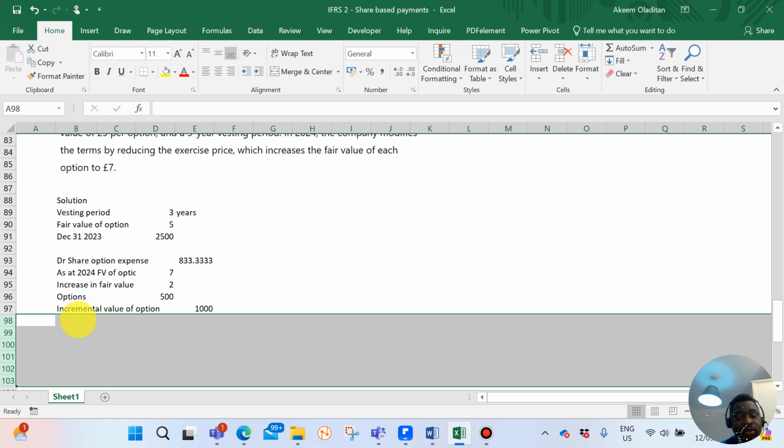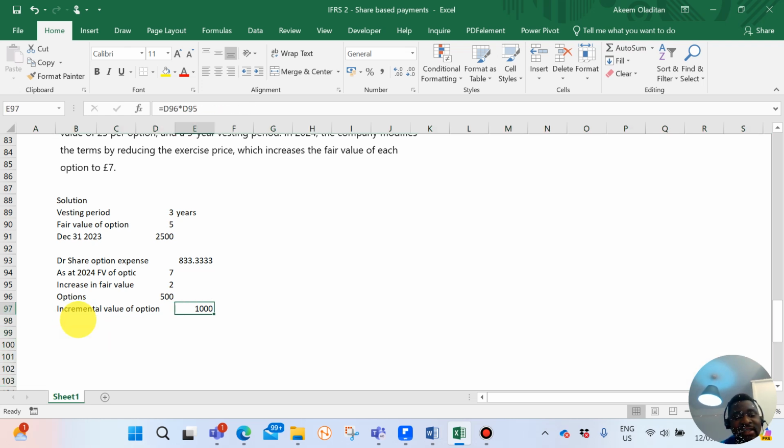So that 3 years to that option, it means that as at this date, I mean as at 2024, because 2023 has gone, we have only 2 years, 2024 and 2025. So this value of increment will apply to only 2 years.